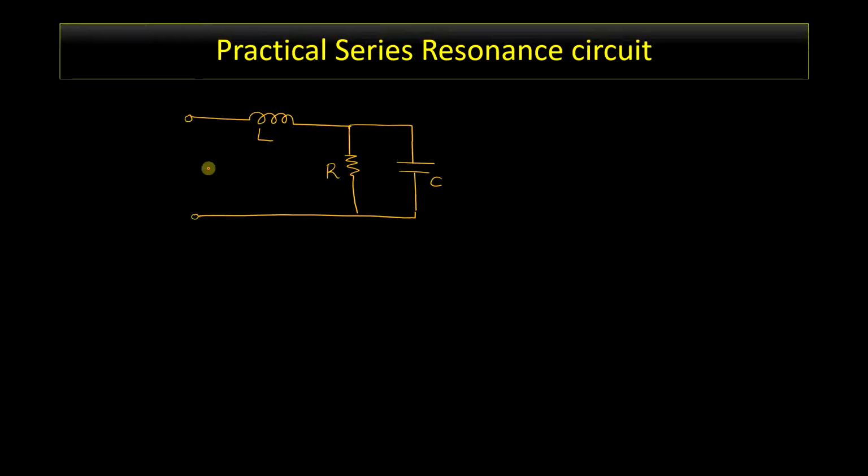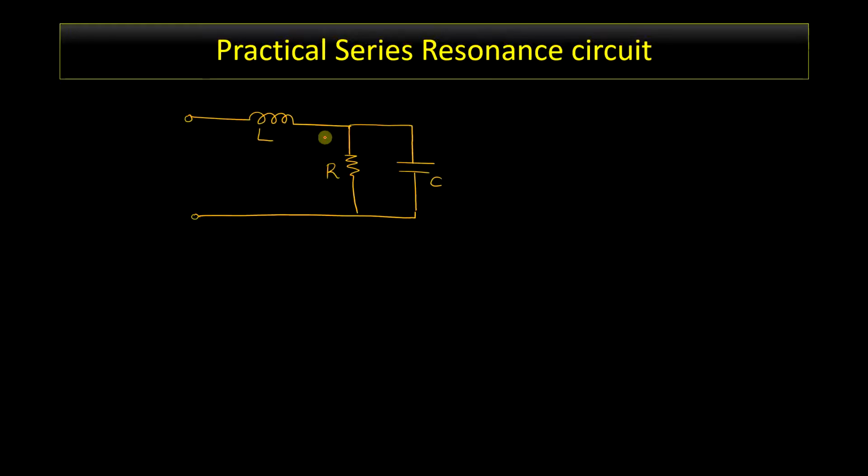So if you look at the circuit here, you have an inductor which is in series with the combination of R and C. So the resistor and the capacitor are connected in parallel, and this combination is in series with the inductor.